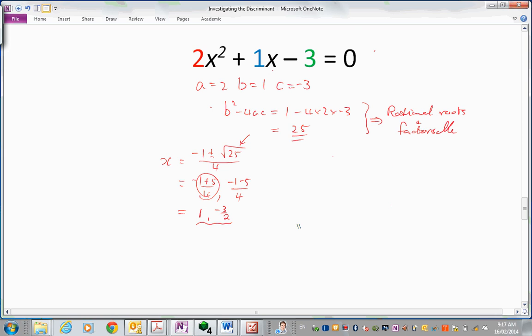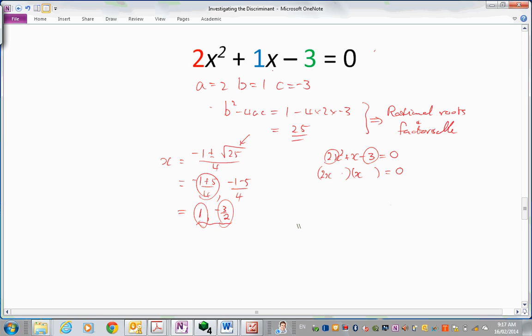Okay, let's do it the other way. Let's try to factorise it, because if these are the answers, that's typical of the answers coming out of two linear factors. So let's use the reverse of FOIL. This is quite an easy one. Numbers multiply together give 2, so it'll be 2x and 1x.